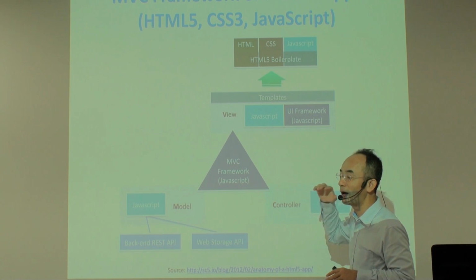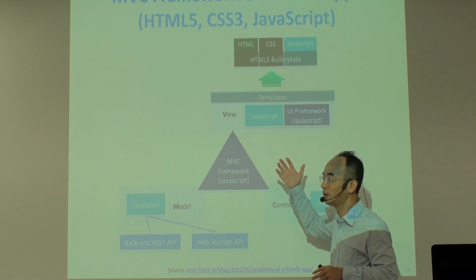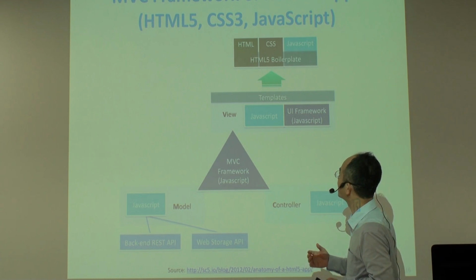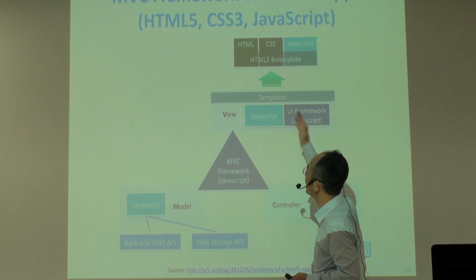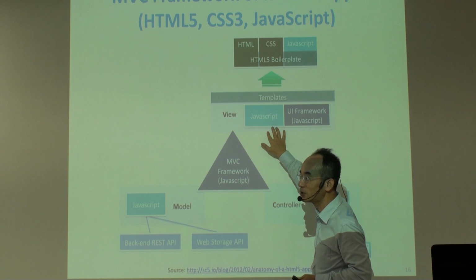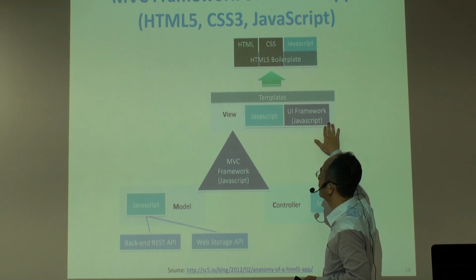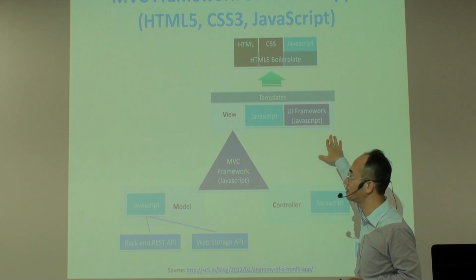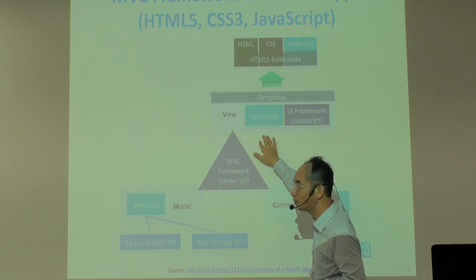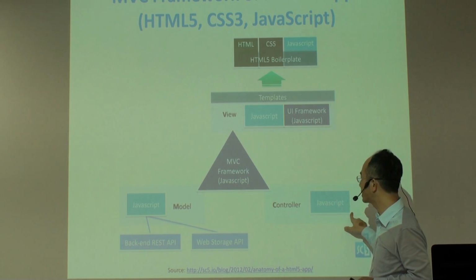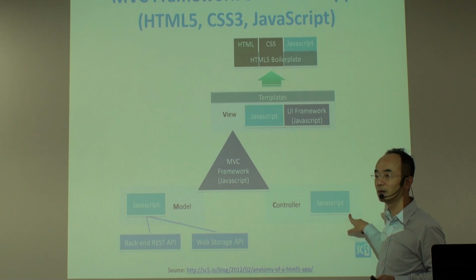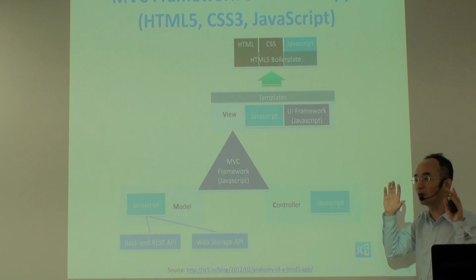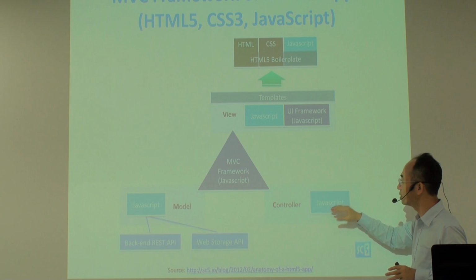And let's talk about the V in MVC. For the view, meaning the user interface, we can use templates by using JavaScript and a UI framework as well as JavaScript with some CSS. So here is your view. And the last one is the controller. Controller means the messaging for all the user interface of your application, that is the controller, JavaScript.